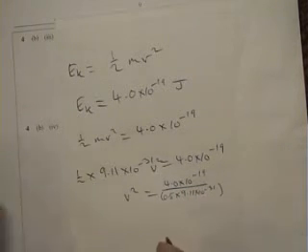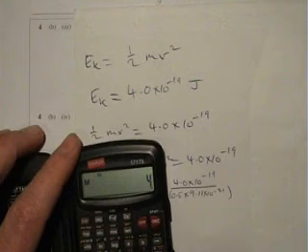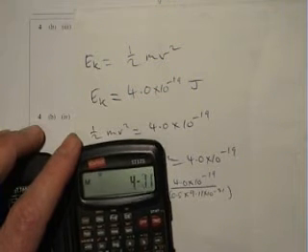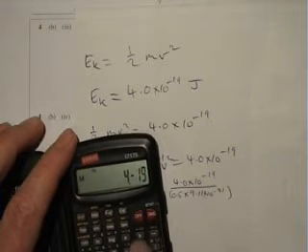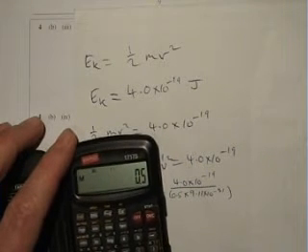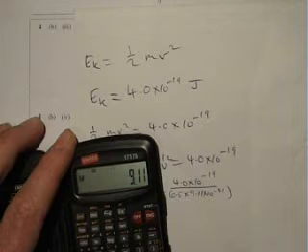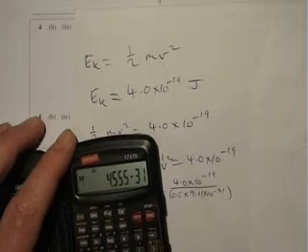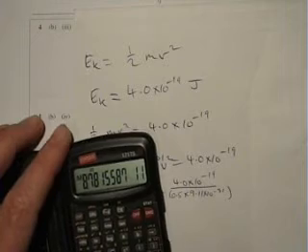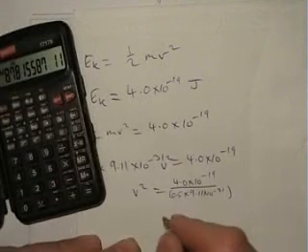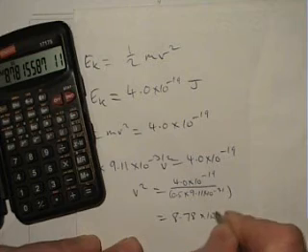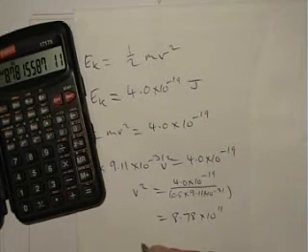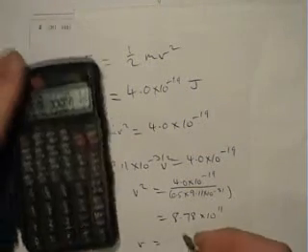I probably wouldn't bother writing that down for real, I'd just put it on the calculator. 4 times 10 to the minus 19 divided by, and to avoid mistakes let's put a bracket, 0.5 times 9.11 times 10 to the minus 31, and I get 8.78 times 10 to the 11, that's v squared, so v equals the square root of that.